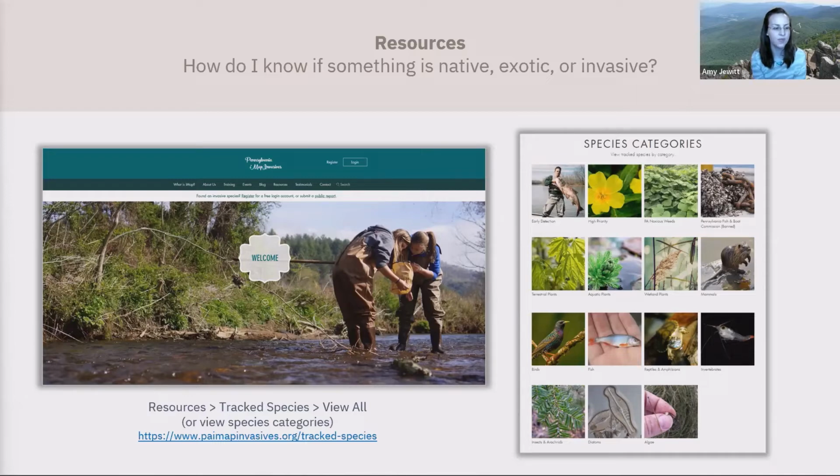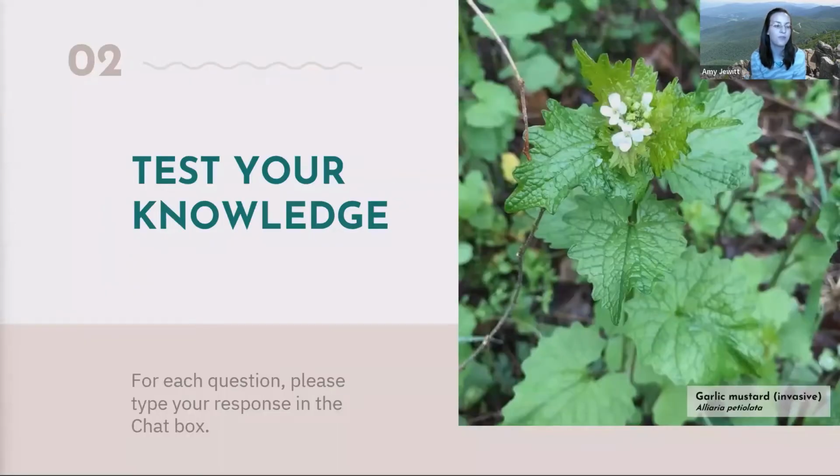So on our website at iMapInvasives.org, we do have a track species list, and you can see in the graphic there on the right, there's a variety of categories of species that you can click on any one of those. So for example, we have terrestrial plants, you can click on that and you can get a sense of the species that are generally found on land that are considered to be invasive in Pennsylvania. And that's true for all these other categories as well. So that's a really great resource to tap into.